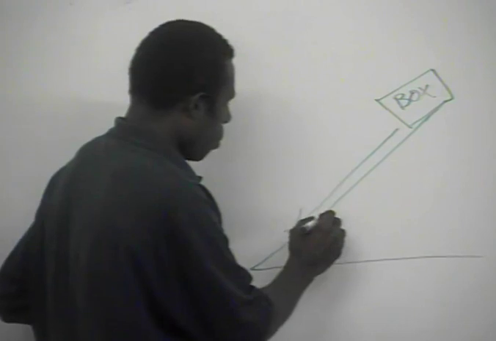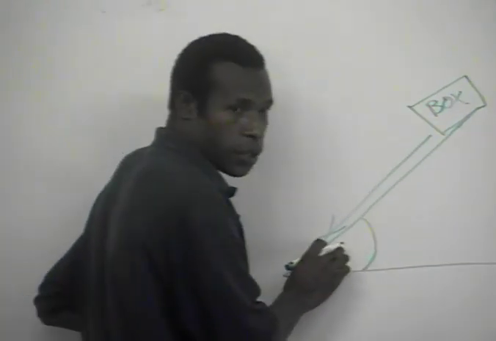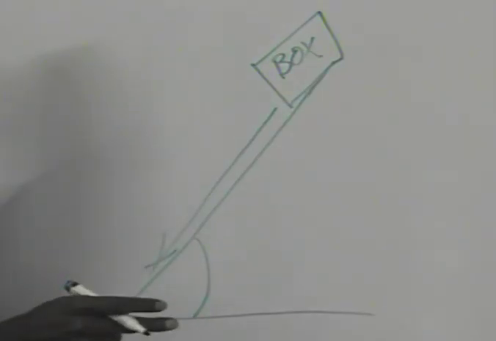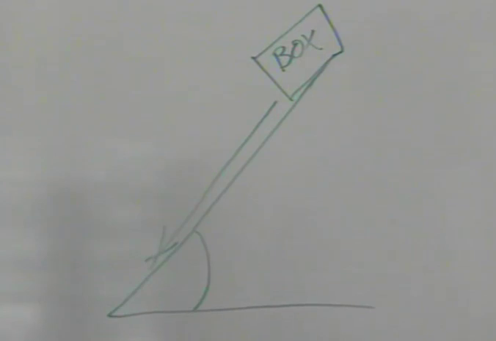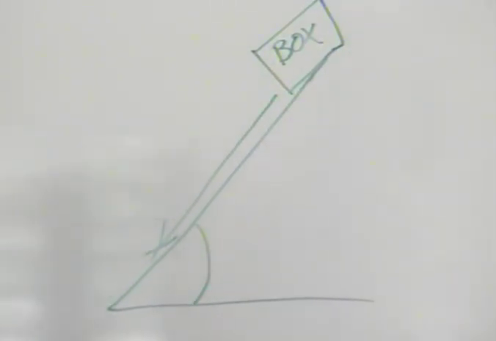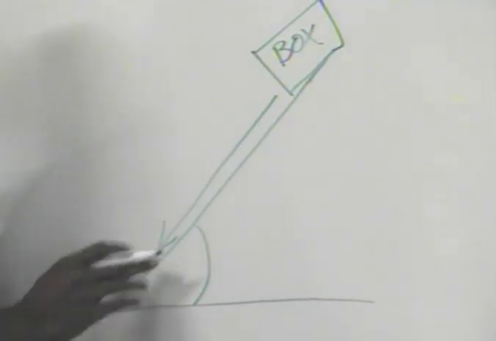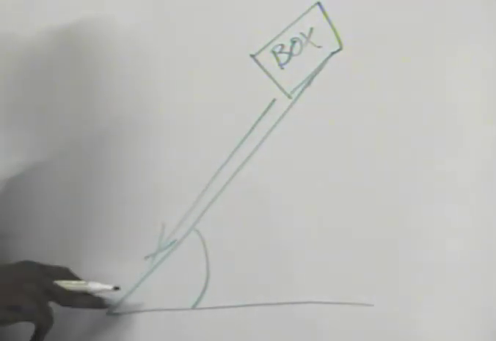We will only consider the angle in which it is moving. Now, in our last lesson, I did explain to you how the work will be done, especially when you are pulling something at an angle. This time, you are not pulling it, it is sliding down.